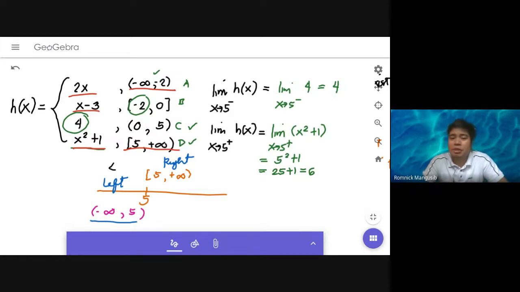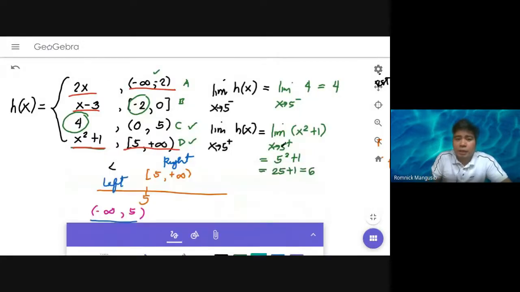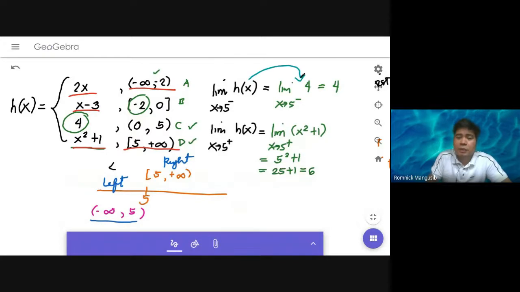At makikita mo siya on interval letter C. Kasi yun nga, between 0 and 5, and that is 4.9999. That's almost 5, but it's on the left of 5. Ginamit natin ang letter C wherein h of x is equal to 4. Kaya pinalitan natin ang h of x into 4. This one, it becomes 4.